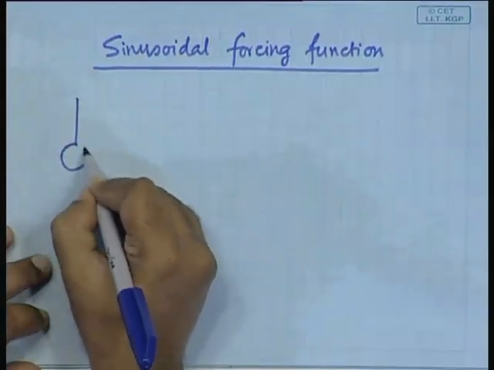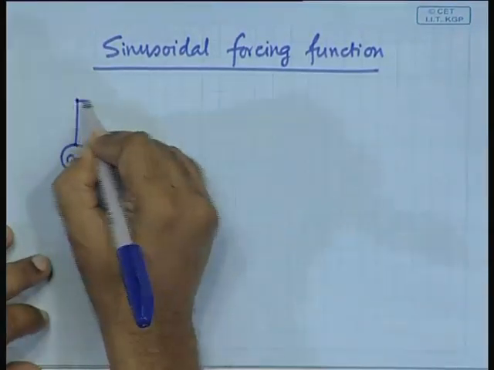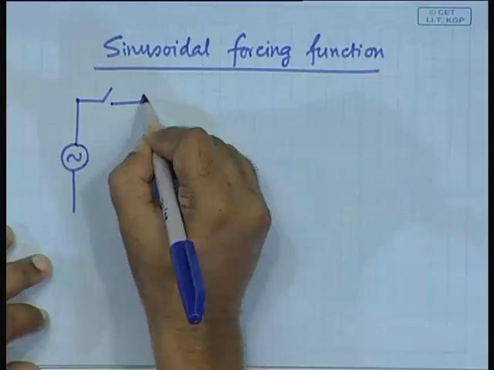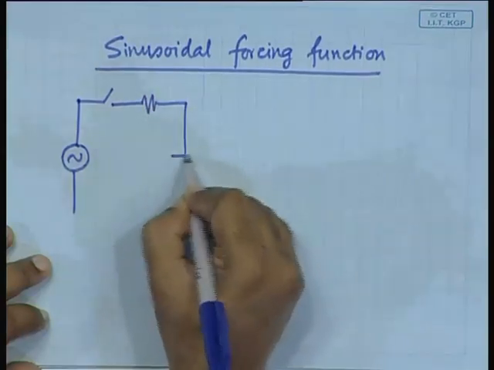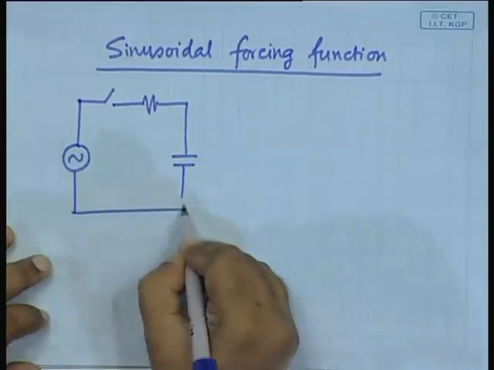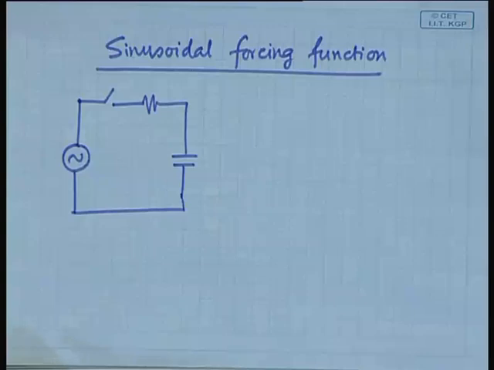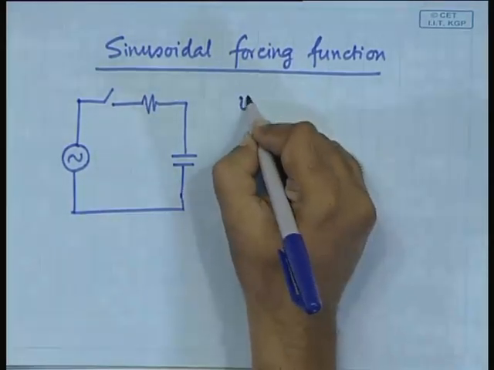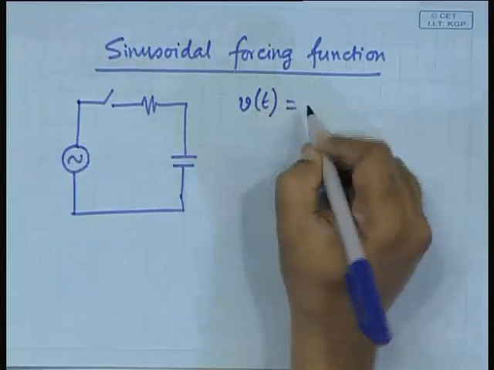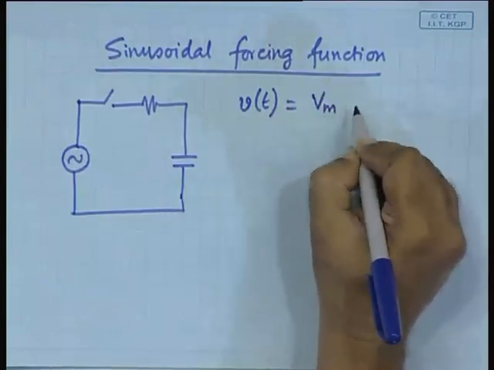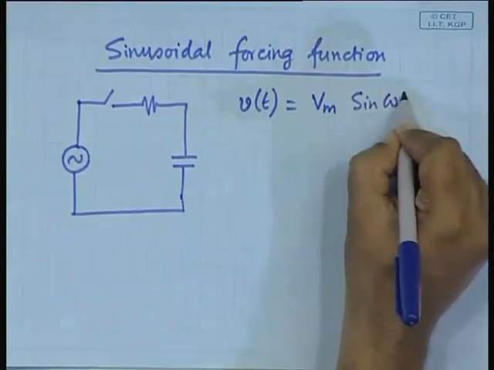Let us do it for an RC circuit. We have a switch and then an RC network. Write down the equation. In this case, V of t is some maximum voltage, V m sin omega t.